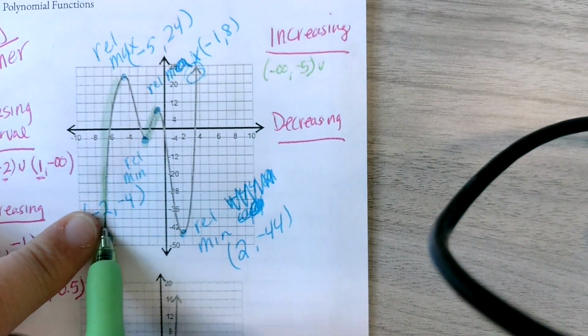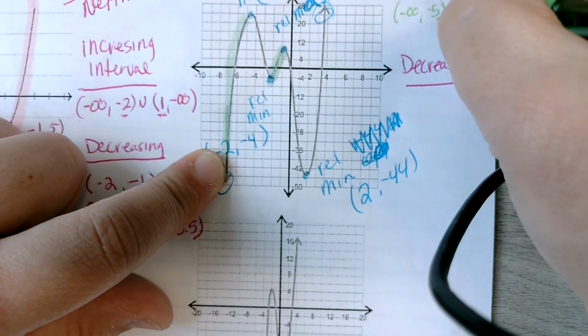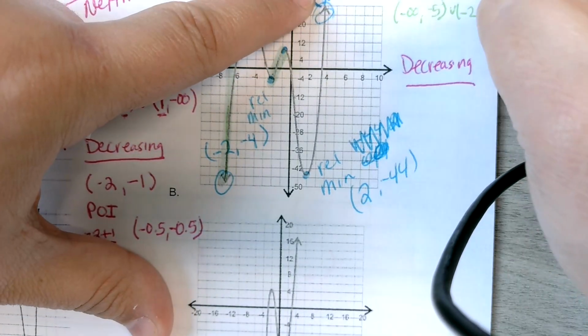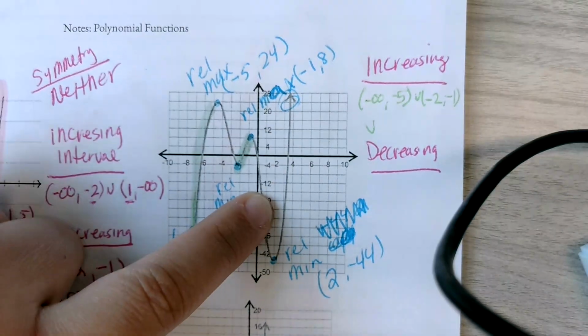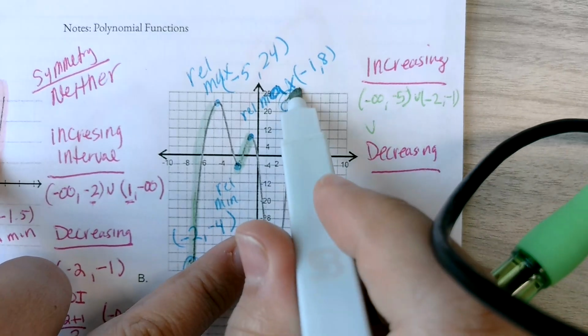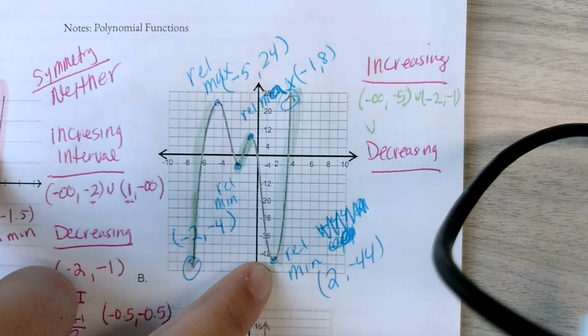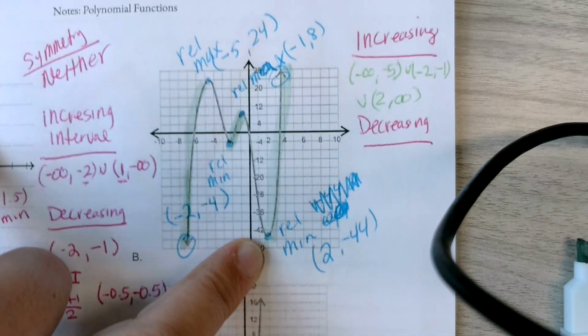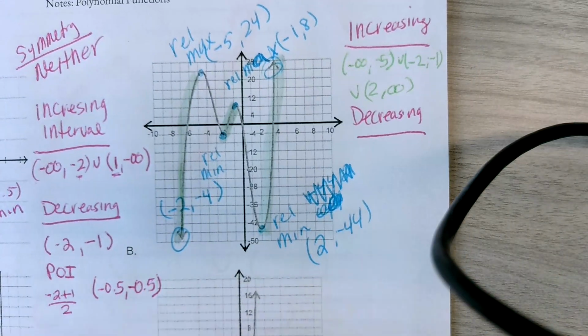Starting at -2 and ending at -1. Then we have another one, so we need another union here because it's increasing at the end, starting from 2, ending at infinity.